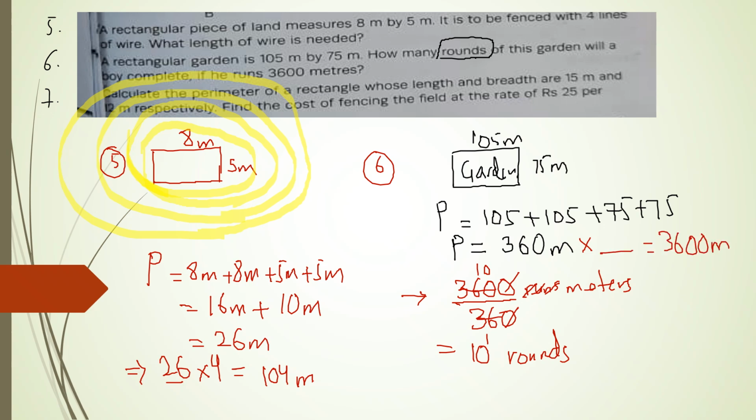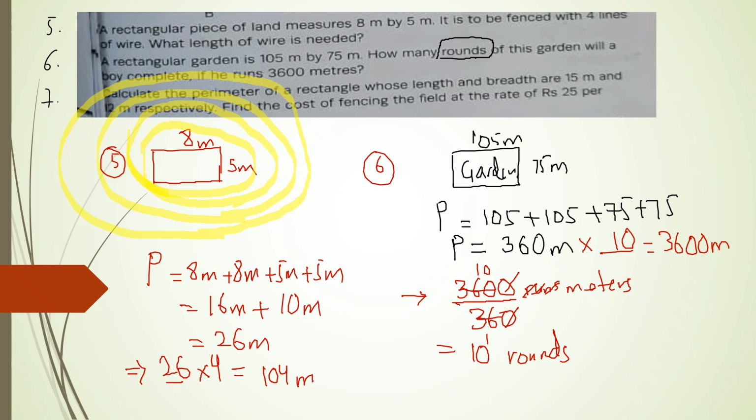He has to run 3600 meter. So how many rounds should he take? 360 meters multiplied by which number is 3600? 360 meter multiplied by 10 is 3600 meter. So that means if he takes 10 rounds, he will be running for 3600 meters, right?